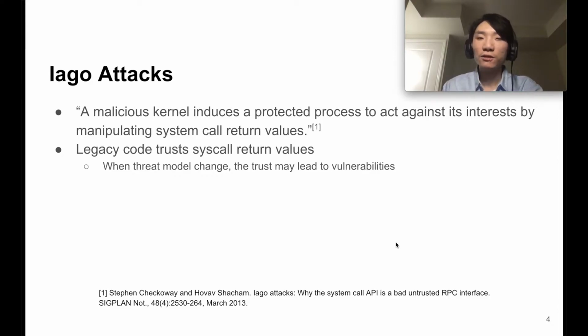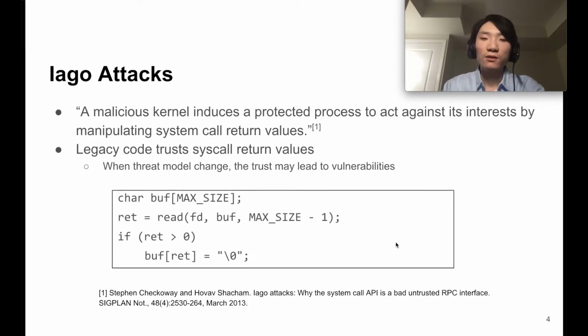Legacy applications usually trust syscall return values, and it is fine. But when they are ported to an isolated environment without modification, Iago vulnerabilities could suddenly appear due to the threat model change. Iago attacks abuse the trust of legacy code to compromise the protected process.